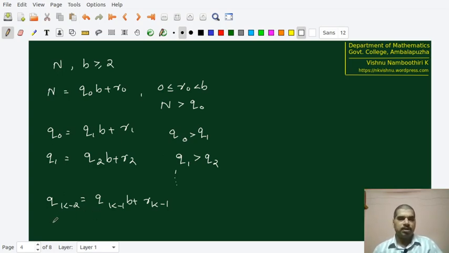Therefore, finally, in the last step, q k minus 1 became less than b. When it becomes less than b, we stop.